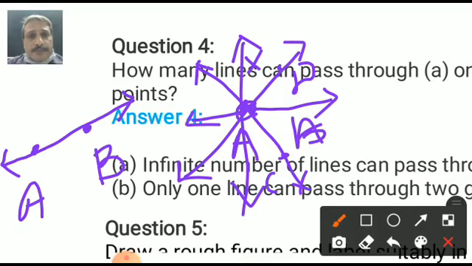Try it. Suppose you try one line this way. It includes only A, not B. Same way, if you take this other line, it does not include point A. So here you can say easily, only and only one line can pass through 2 given points.